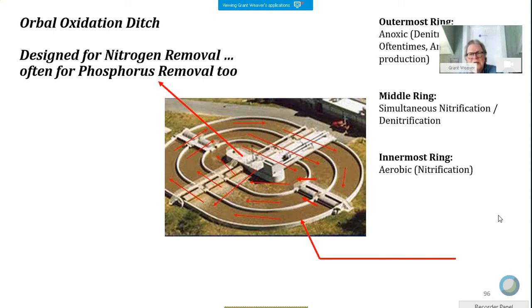So this is a technology that's designed for nitrogen removal, often sometimes for phosphorus removal too. If it's designed for phosphorus removal, the internal recycle does not occur. It's not recycling back to the outer ring. The outer ring is being driven septic for the VFA production and the VFA uptake by the bacteria in the return sludge.